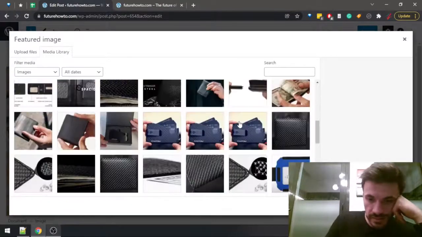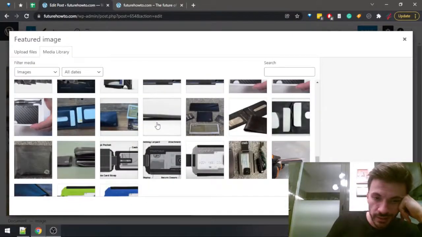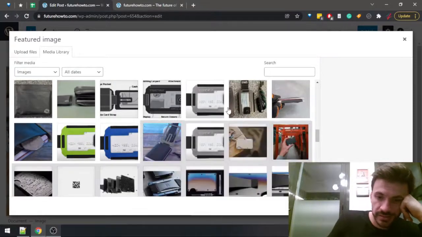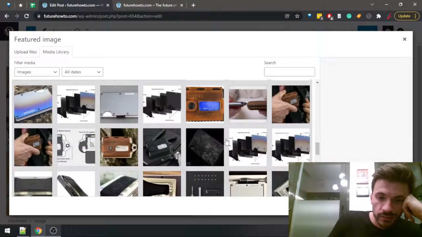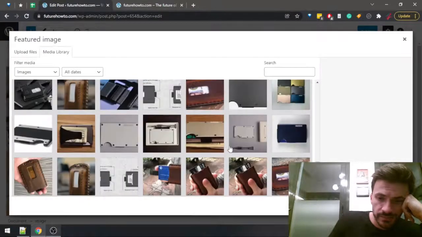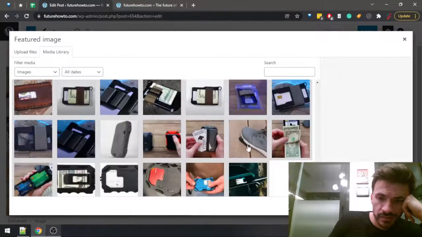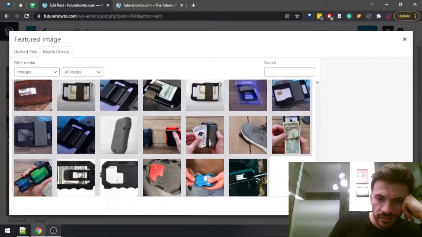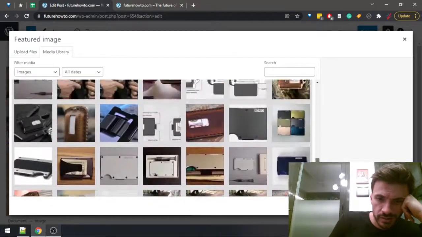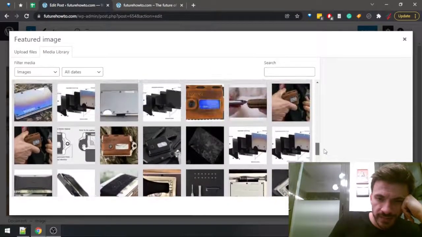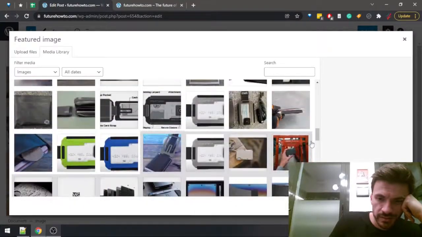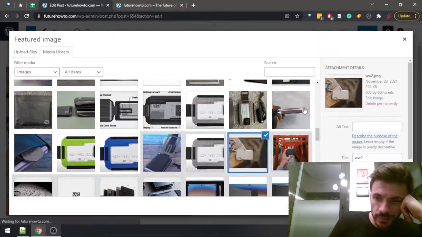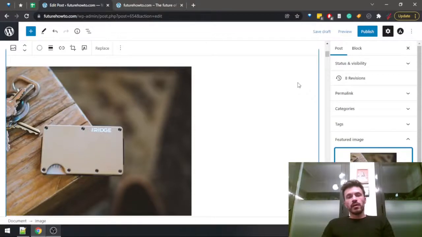So let's look for it, because I remember it had no descriptions, no alt text, none of that. Where is this? Where was it? Did you guys see it? I think I missed it. Yeah, okay, here we go. And images are done.